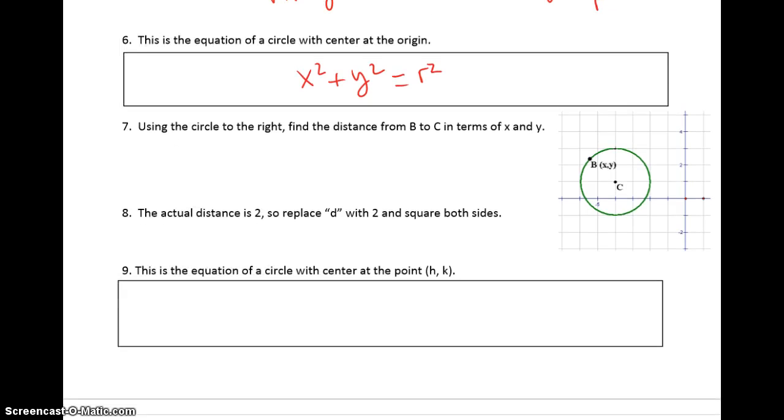And we can do that exact same thing. We'll just move the center. This center, it looks like, is at negative 4, 1. And so the distance from B to C is the square root of x minus negative 4 squared plus y minus 1 squared equals, and that should be our radius.